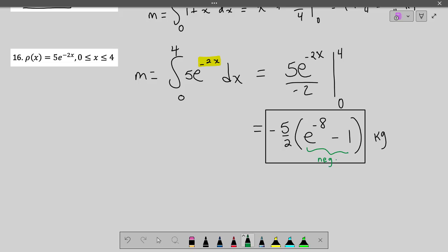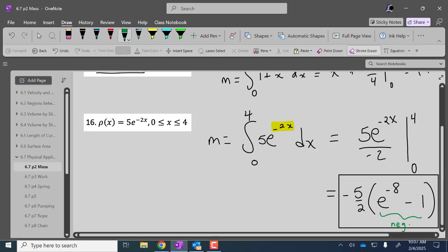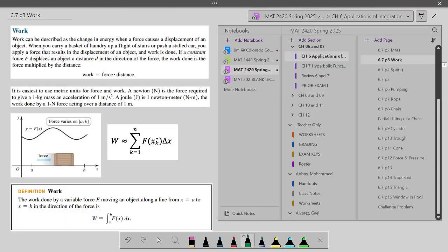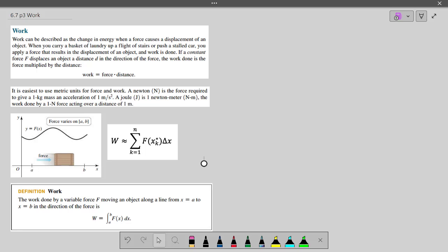Okay, so let's go ahead and get to the next application. We want to go to the concept of work, and we're going to move to the spring. That's always the first sort of problem that you ever deal with when you're finding work.